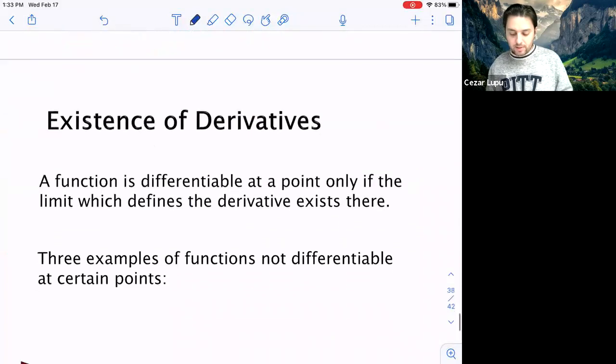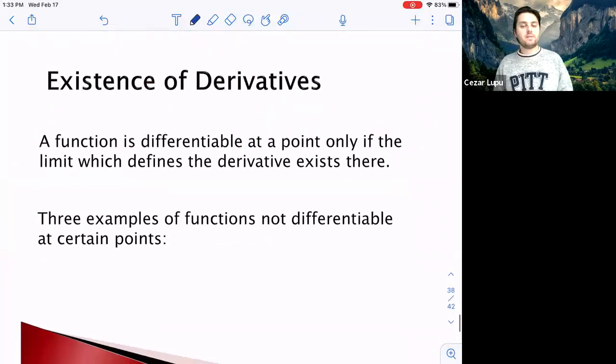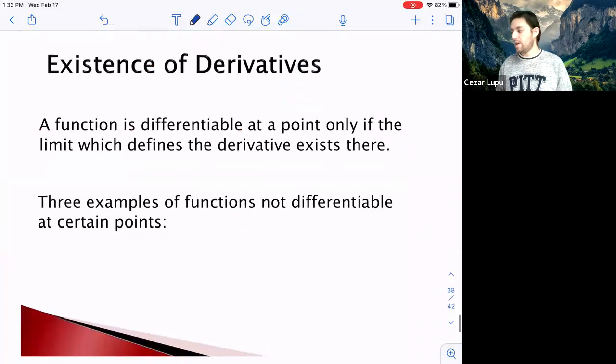Now let's talk about the existence of derivatives. What guarantees that the derivatives actually exist? We will call a function for which the derivative exists a differentiable function.